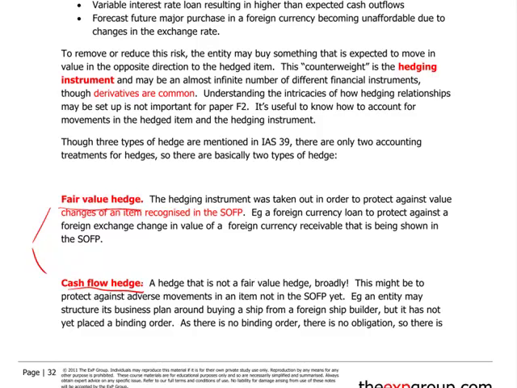Now, the fair value hedge is when you're trying to protect yourself as a company against a foreign exchange change in value of let's say a receivable or payable. So if you're waiting for a foreign currency receivable to be cashed, what you can do is to have a matching loan in the very same currency.